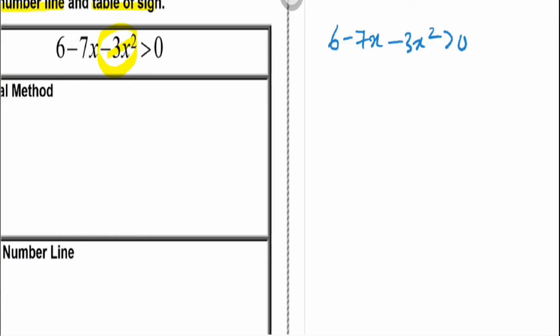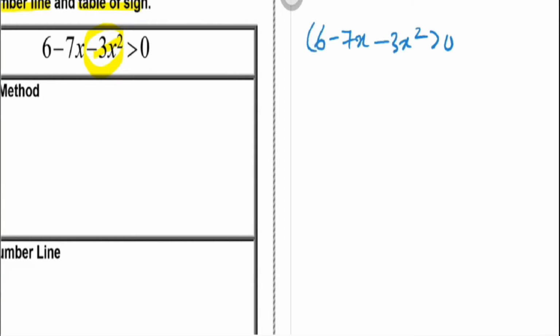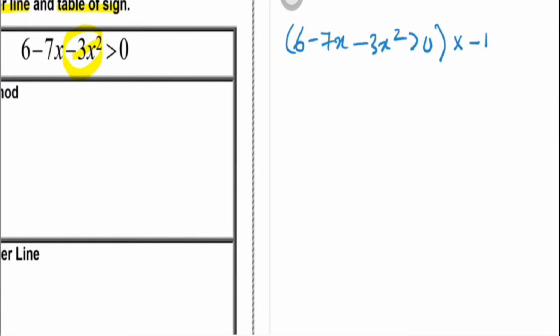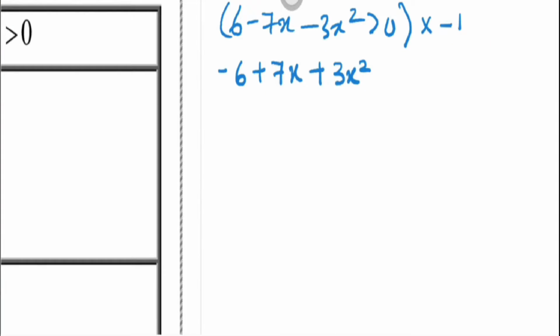Okay, I'm gonna multiply all of this one with negative 1. So we have 6 times negative 1, we're gonna have negative 6, and then this one plus 7x, and then this one here we'll get positive 3x squared. Okay, this coefficient is a positive number.